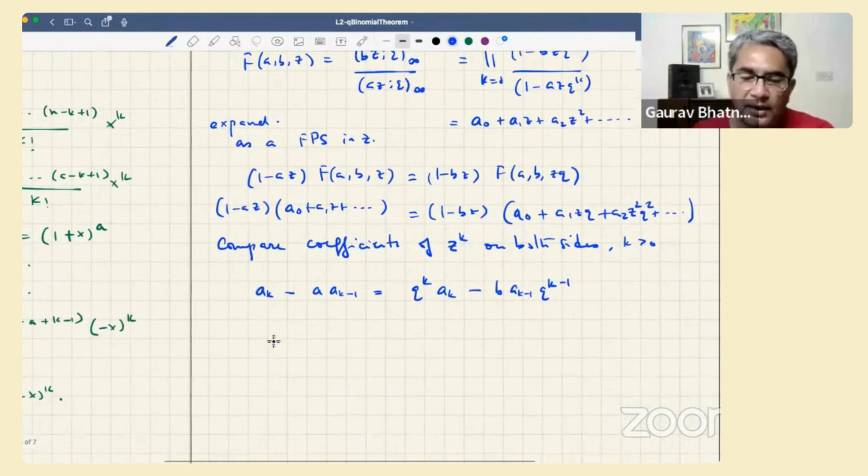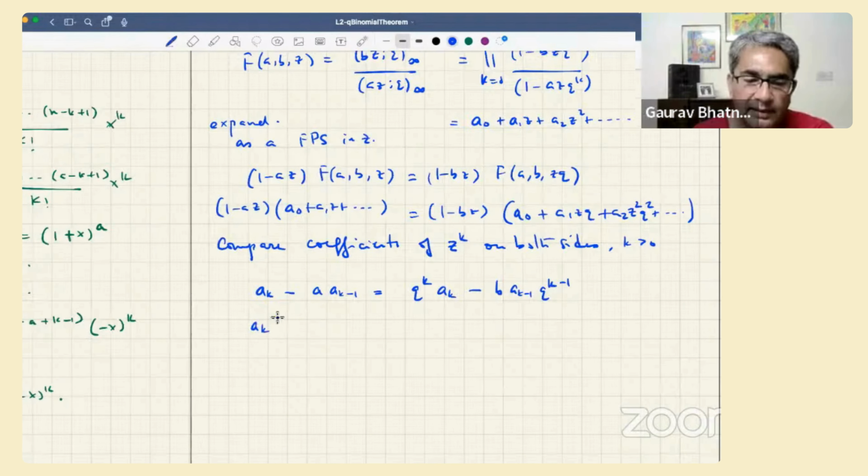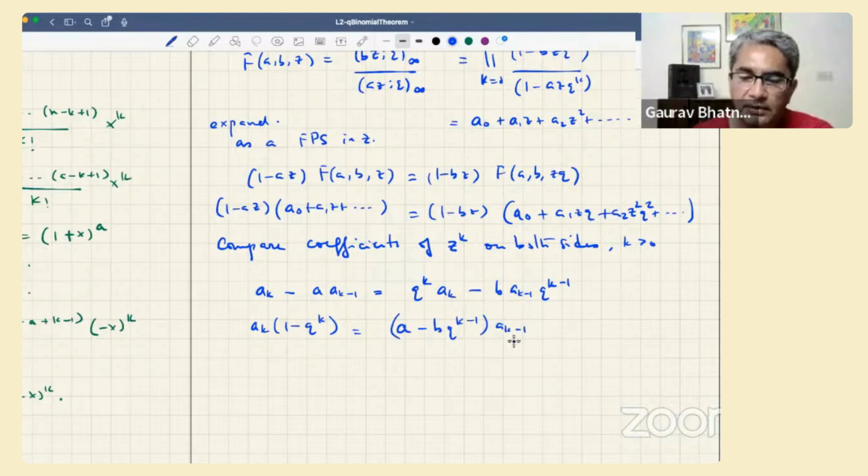Right, so this will mean that a_k (1 minus q raised to k) will be equal to (a minus bq^(k-1)) a_(k-1), which is the same thing as a times (1 minus bq^(k-1)/a) a_(k-1).